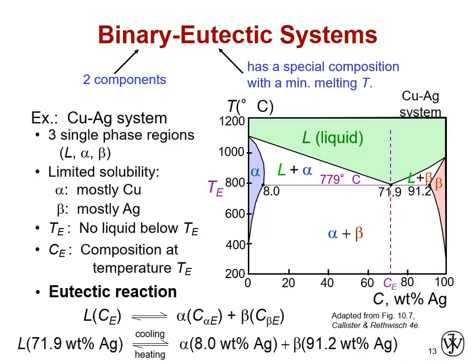And the alpha that's formed will be 8 weight percent silver, and the beta that forms will be 91.2 weight percent silver, which are the compositions at the endpoints of that eutectic tie line. And they're present on the diagram. They're in black letters.